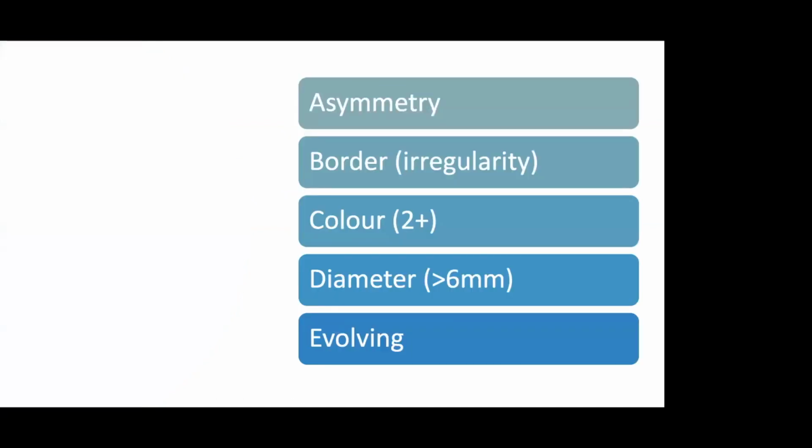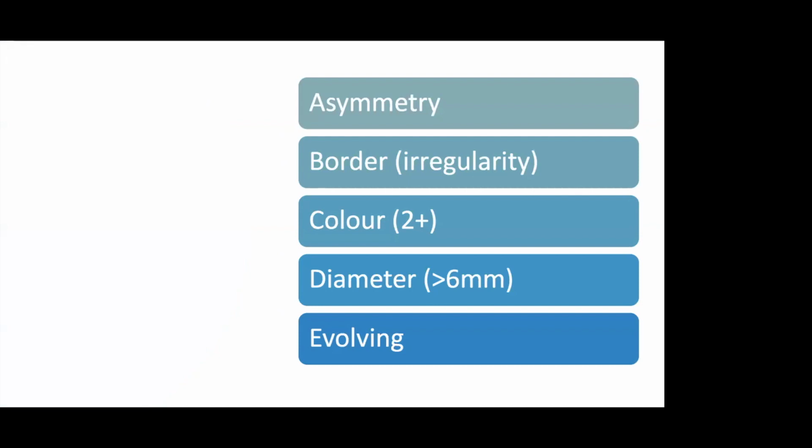This is the other approach you can think about, which is the ABCDE approach, which you may well have heard of already. Now, I think this is quite a useful one actually, because it's a bit easier to remember. And you can think asymmetry.